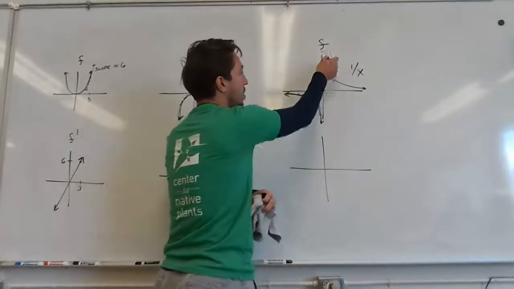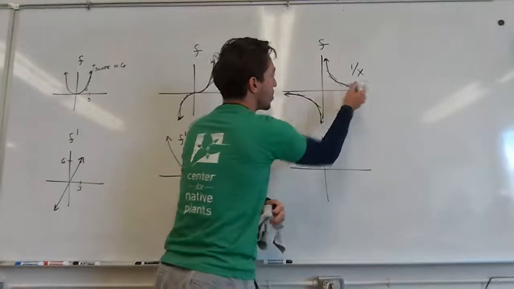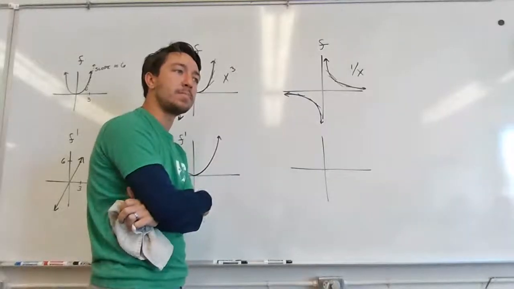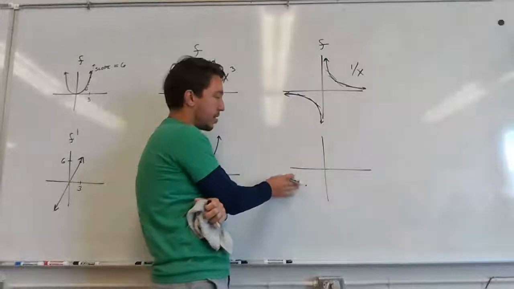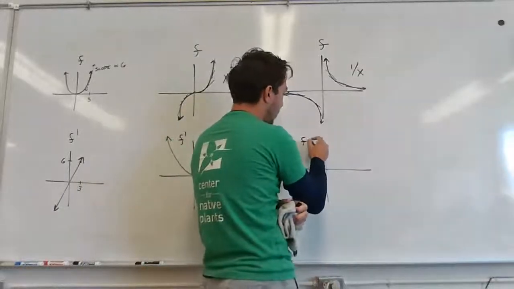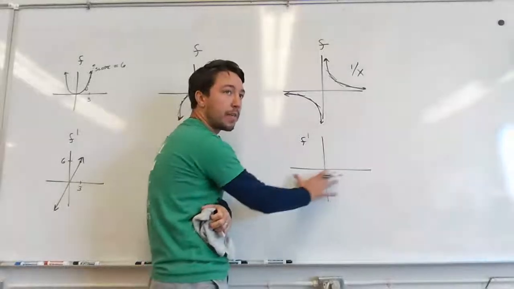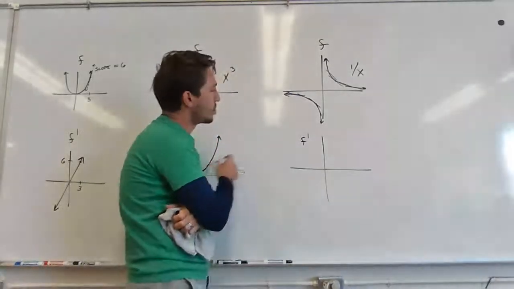The slope is... The slopes are always negative. There's no place in this graph that has a positive slope. That's interesting. Which means all of the y values on the derivative graph are going to have to be negative. So they're all going to live down here.